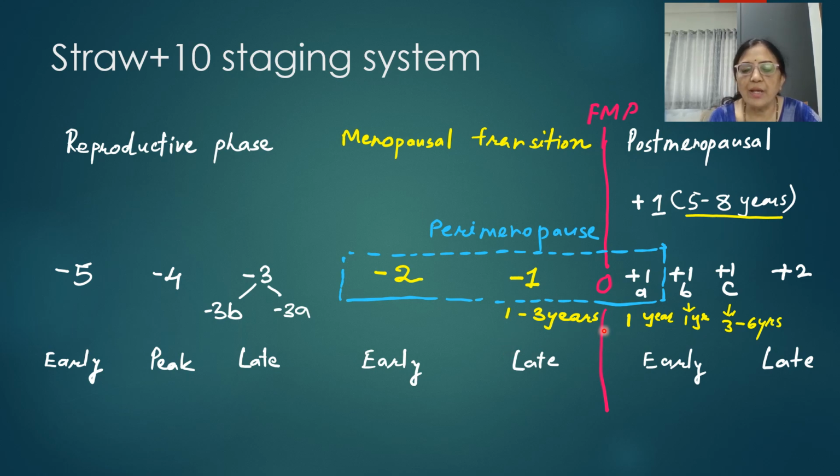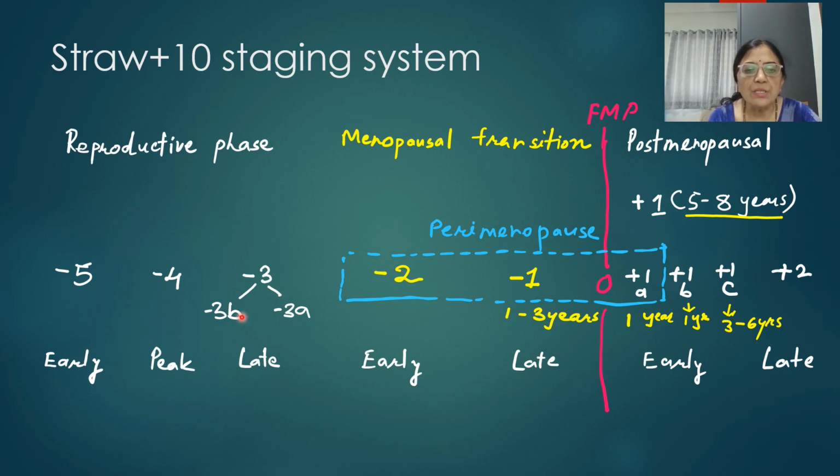So 1 to 3 years before the final menstrual period is the late menopausal transition phase. The remaining phases have variable duration, which varies from woman to woman, and that is why there is no fixed duration for say -2, -3, -4, or -5.